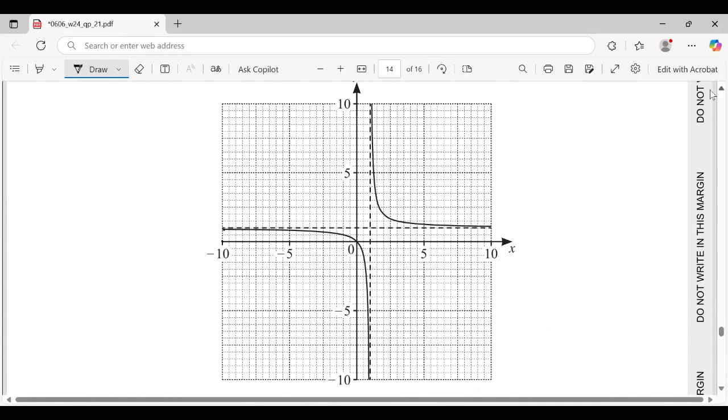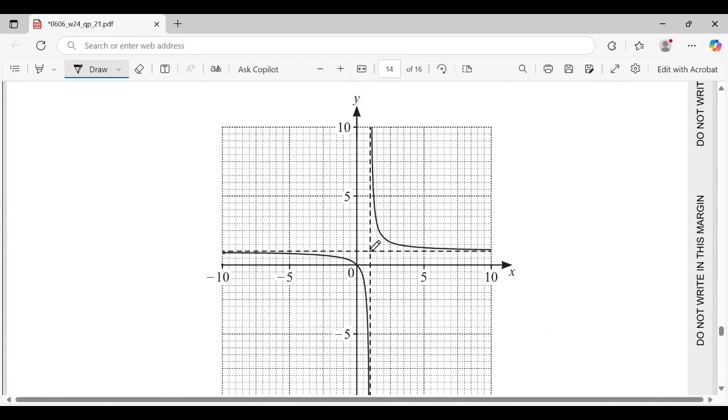Okay. The diagram is this, 1 and 2 around here. This is 2. Okay. So the range is here to here, but y equal 1 is the asymptote.